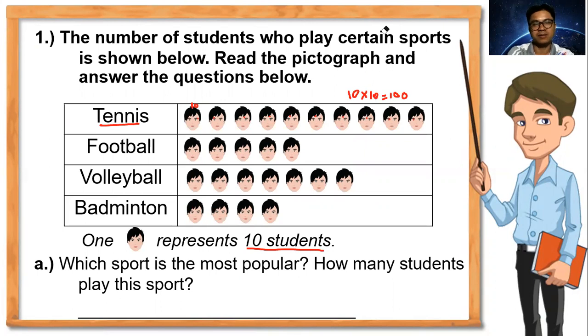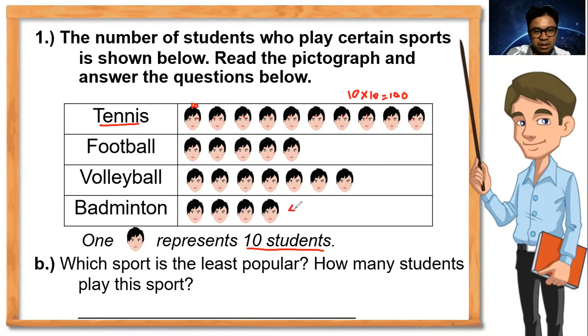Next question. Letter B. Which sport is the least popular? Meaning only a few students play this sport. So which one here? You can see here, yes, the badminton. 1, 2, 3, 4.